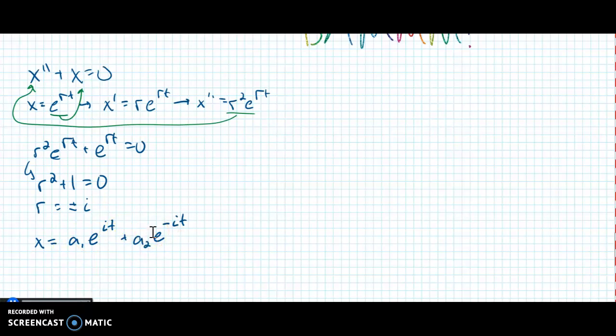So, what that gives me is, I'm going to use Euler's formula, which says that e to the it is cosine t plus i times sine t. So that makes this first part right here easy to do because it's exactly what I just wrote up there.